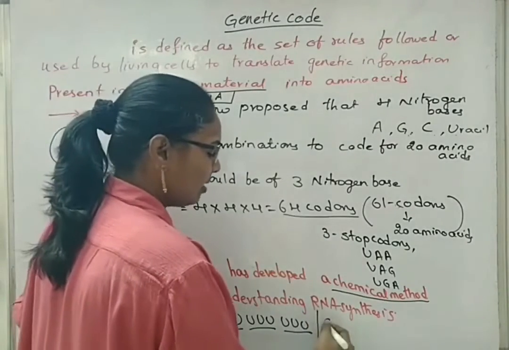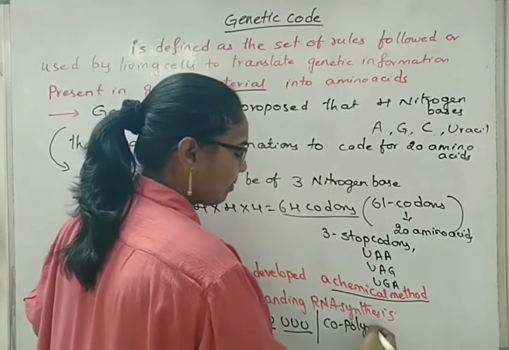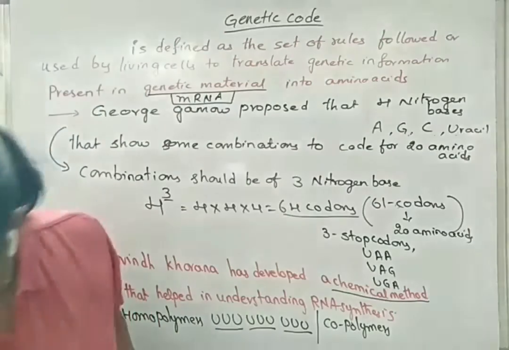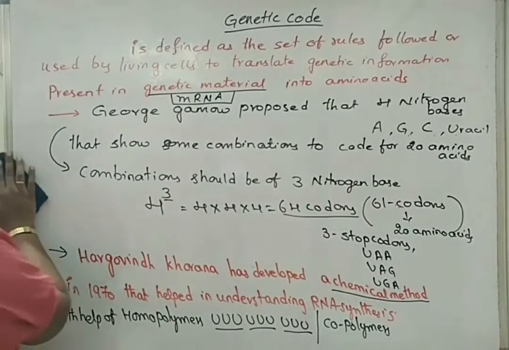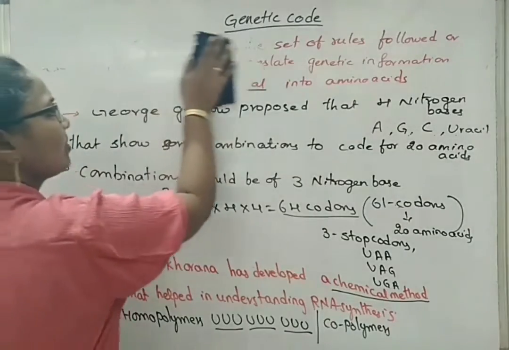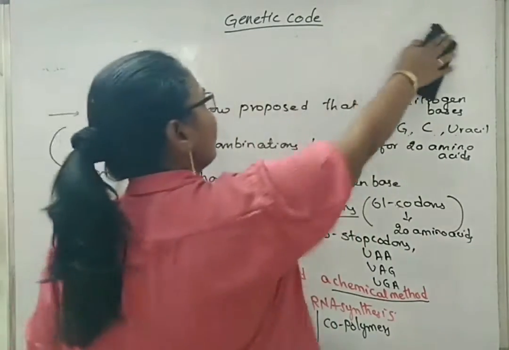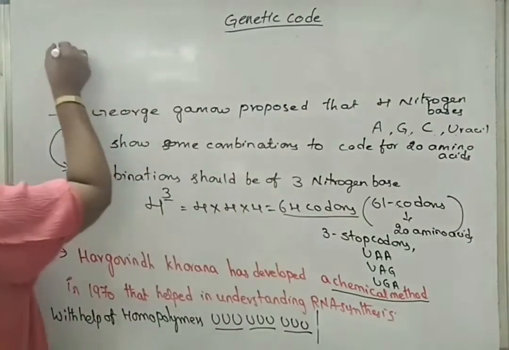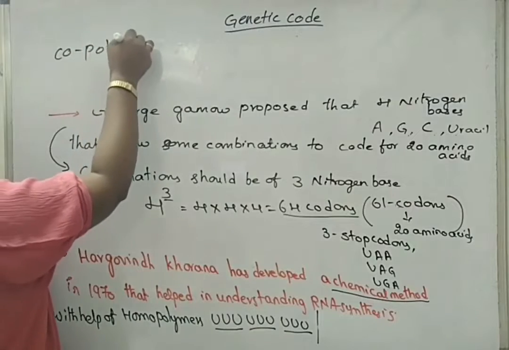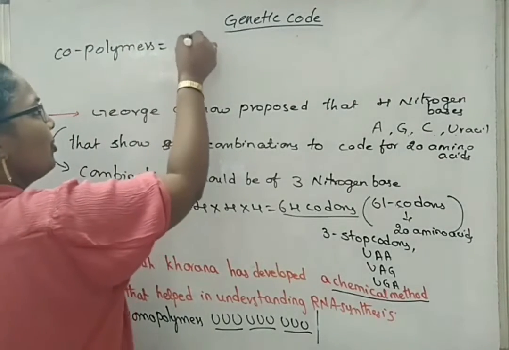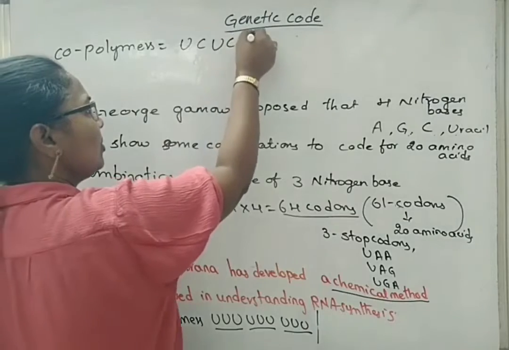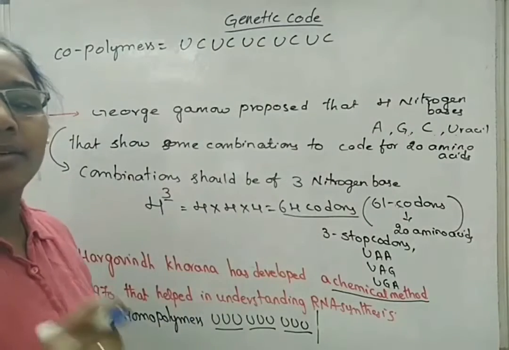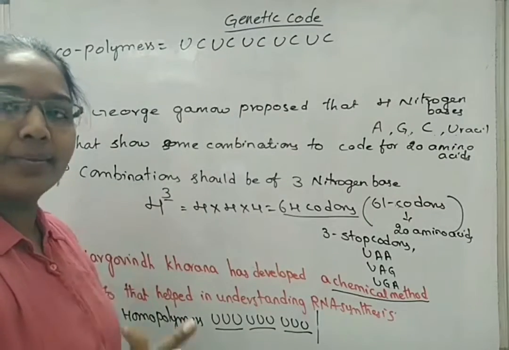He also took copolymers in a combination of uracil cytosine, uracil cytosine, repeated. Here we are taking only 2 different types of monomers.